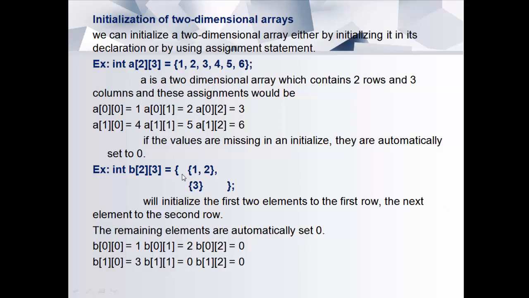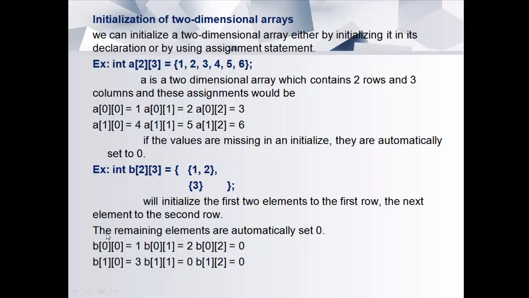Within the curly brackets there is one more pair of curly brackets, containing 1 comma 2 comma 3. This will initialize the elements to the first row. So 1 comma 2 will be initialized to the first row, and the remaining elements are automatically set to 0.